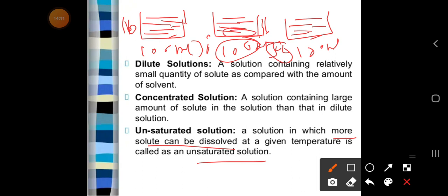Once again, 36 grams is going to dissolve, and the remaining 4 grams is not going to dissolve in water.